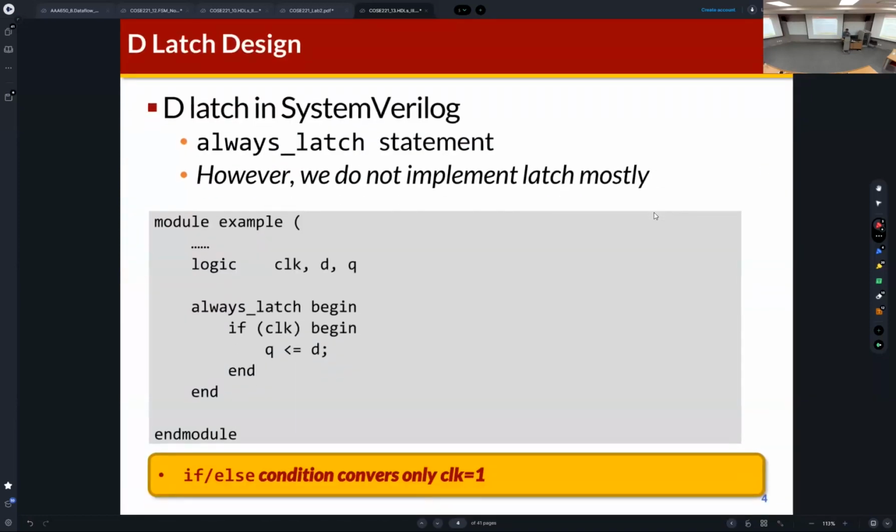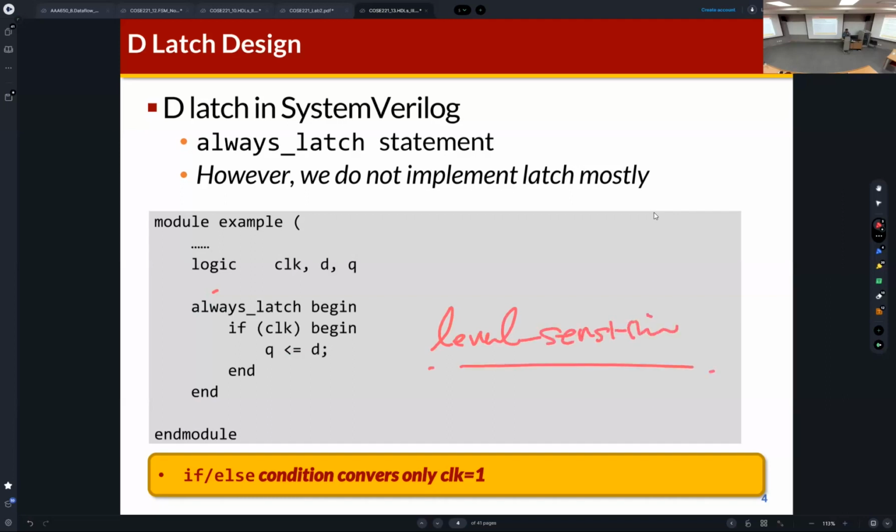And then we can use always to define the latch. So this is: if clock, then Q becomes D. It is called level sensitive, because the latch is level sensitive.